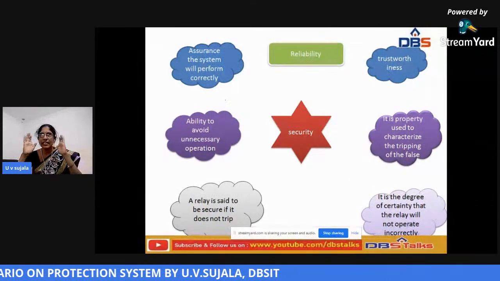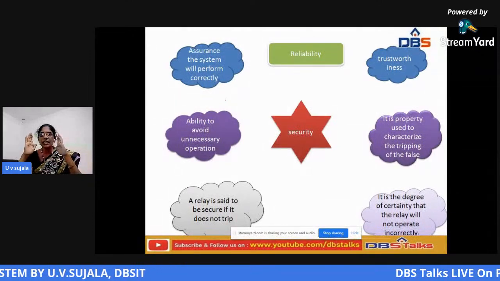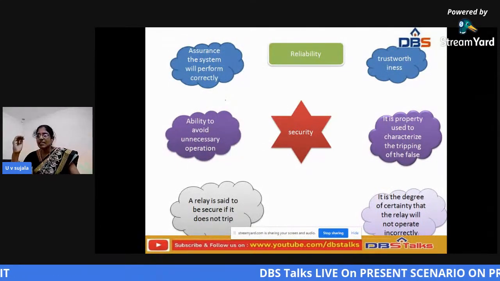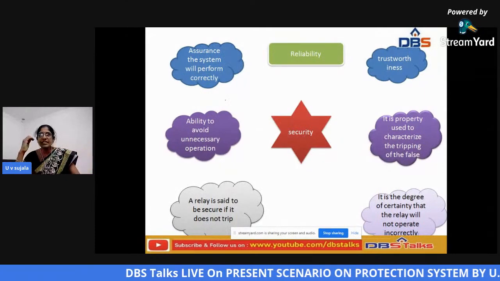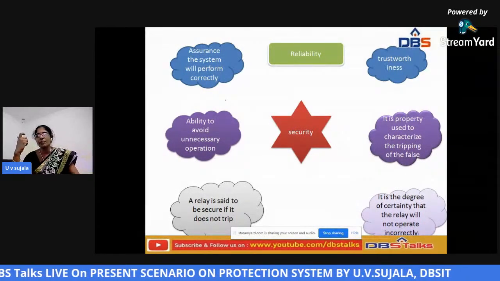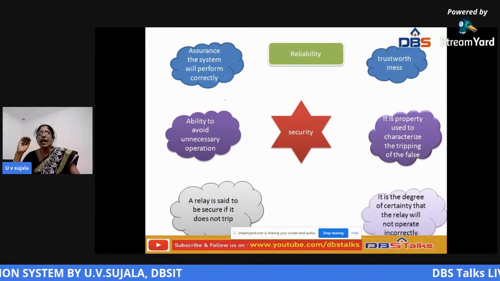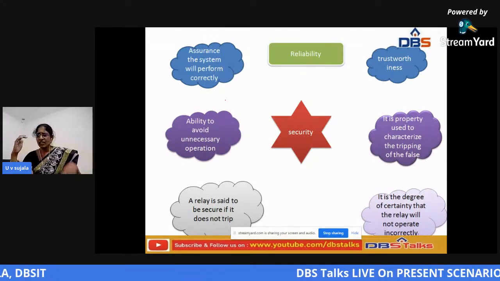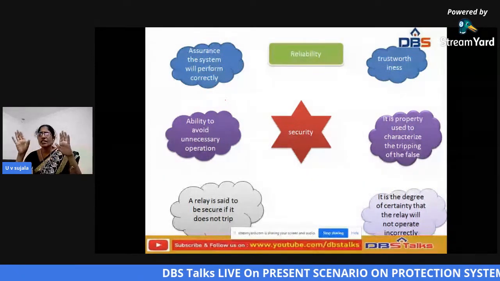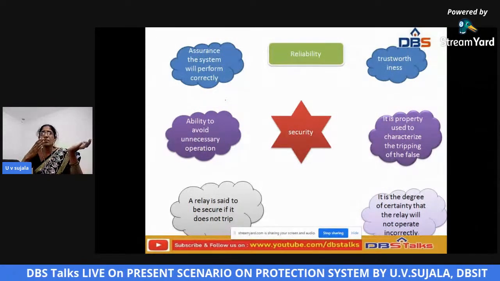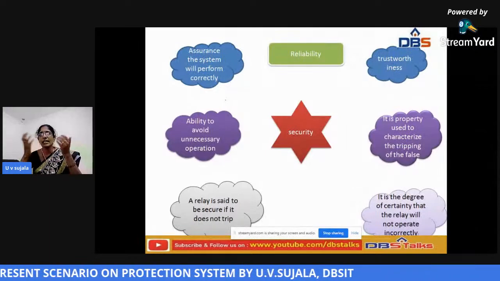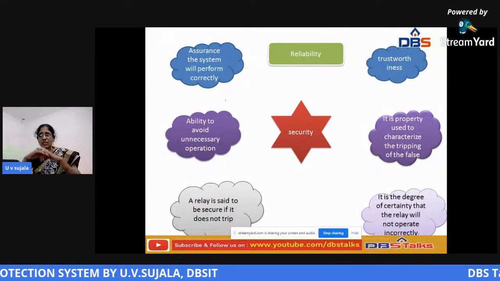So the relay that is secured does not trip unnecessarily; it has the ability to restrain itself from operating for an external fault. Reliability, dependability and security must all be there.